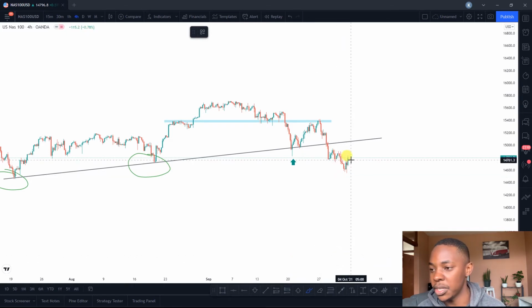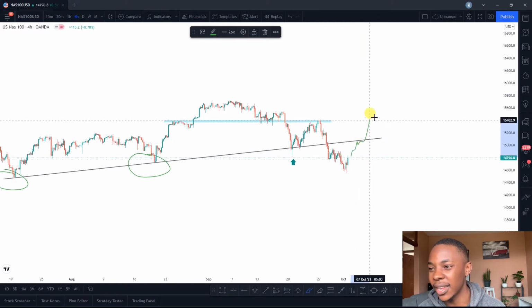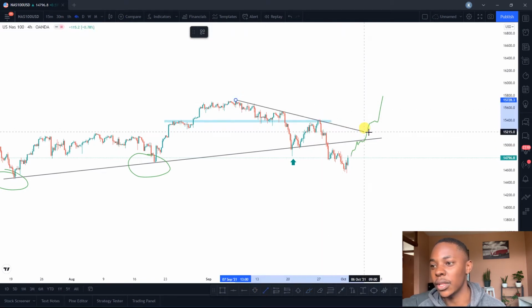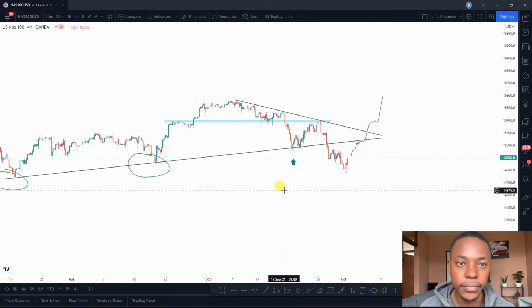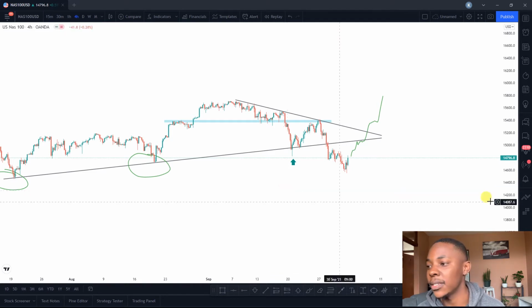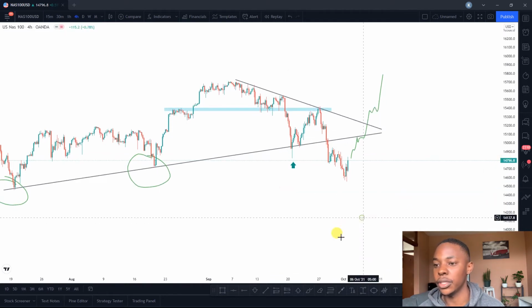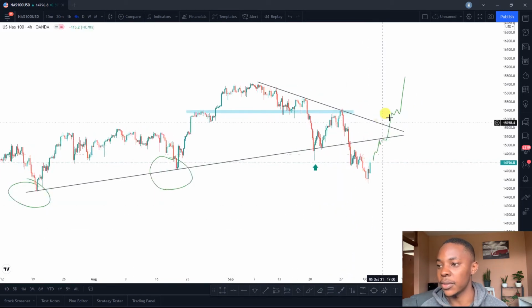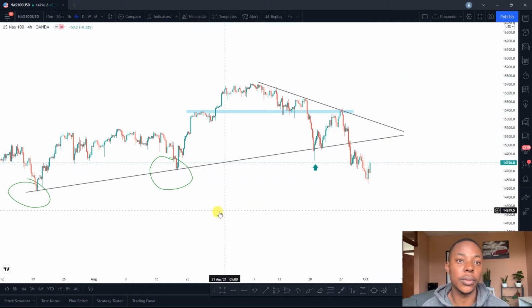So there's a possibility that it might come back to retest and break back in, depending on the market conditions, what's really happening with all the companies that push Nasdaq 100. So yeah, what will happen depends on the market condition, and that will give us direction.